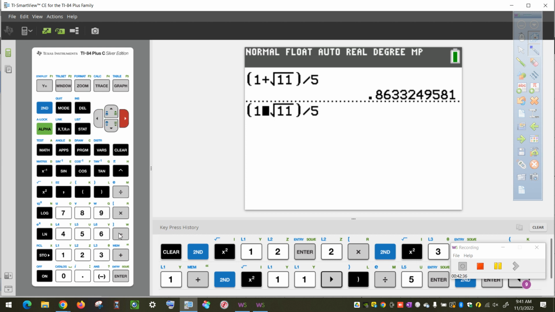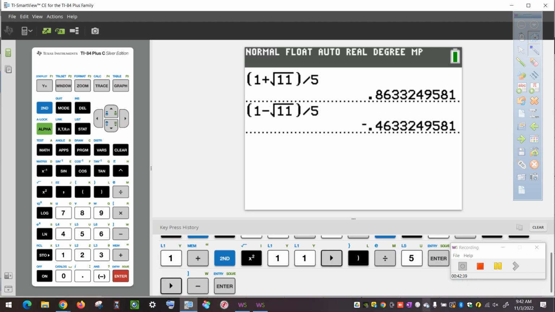Okay, so there's one quick thing that I want to show you here on the calculator. We're always going to leave our answers here in exact form, which means we're going to keep the square root symbol in there. But look at this. If we were to put it into our calculator, the first possibility is about 0.863. The other one is about negative 0.463.